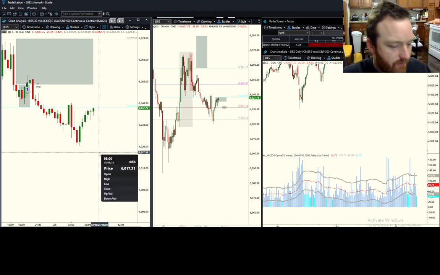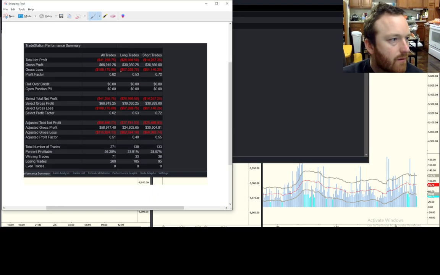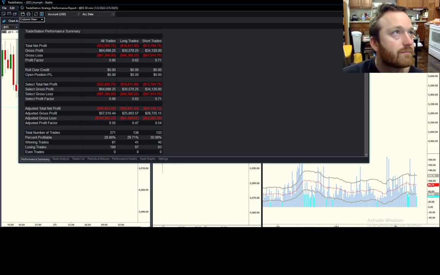Depending on how big of a difference holding that open is. So 0.66, 0.62, not a big difference. You make more money holding it till 8:30, but I'm not going to do that. I'm going to get out at 8:30.